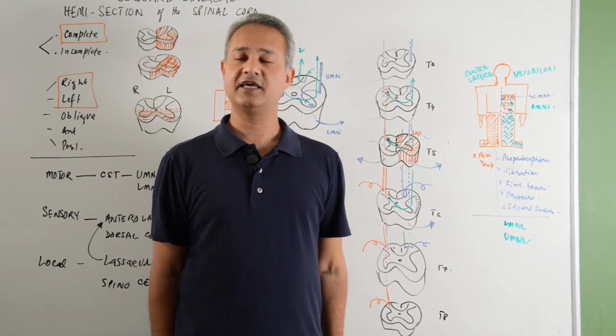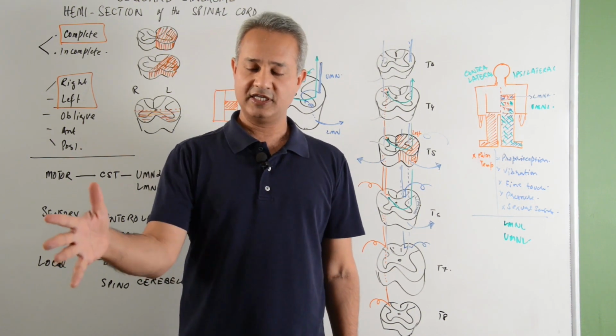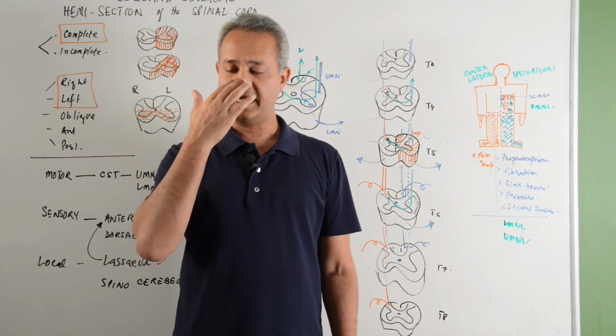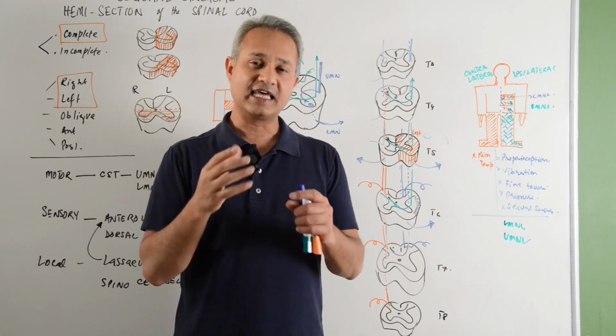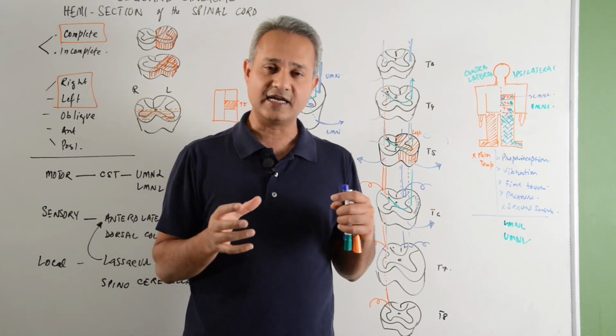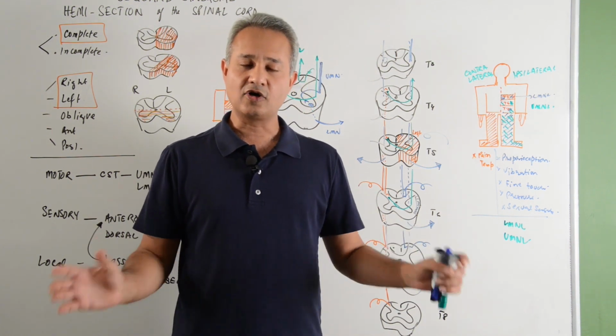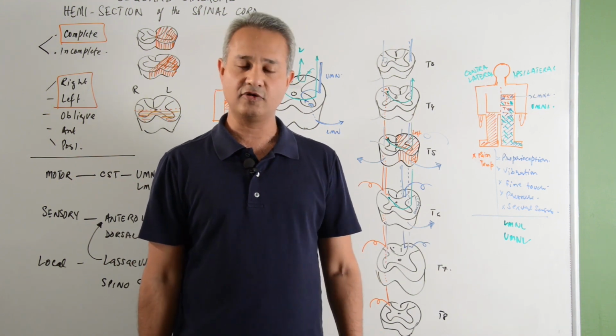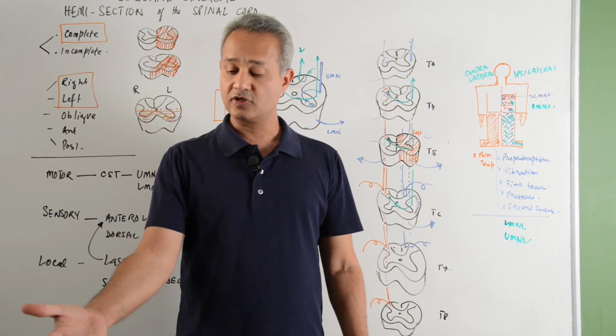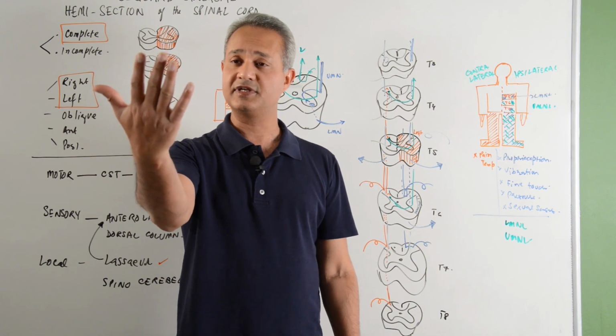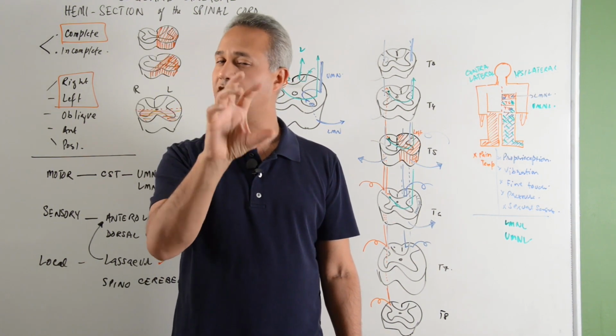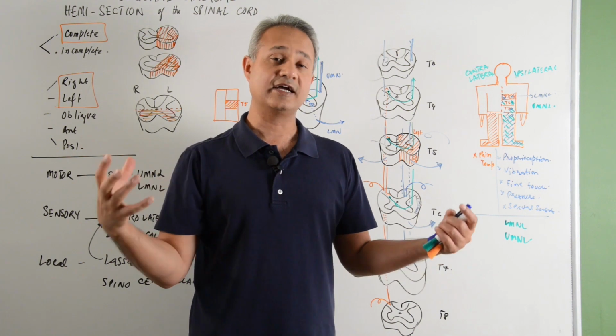For example, when I say here is my nose and here's my hand and I want to touch it, this plan came from the cerebellum. When cerebellum is damaged, there is a thing called dysdiadochokinesia. What is that? Decomposition of the movement. The person doesn't know where the hand is and where the nose is, so they look at the hand and bring it to a position where they see it and then go to the nose. This is called decomposition of the movement or dysdiadochokinesia.